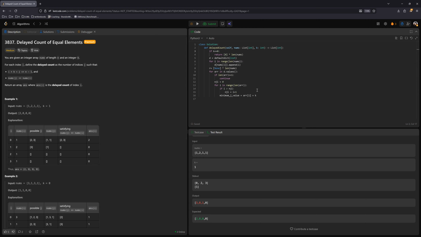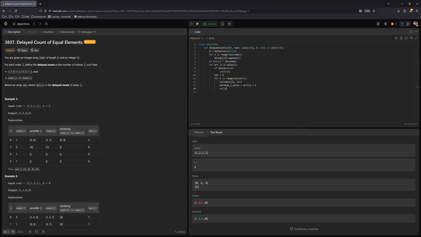I don't think that this is right because I misunderstood the question. Nj of I equals I plus 1. Because if I is 0, then it still has to be 1 higher. Nji equals max of Nji, comma, I plus 1. Right? Minimum J value.